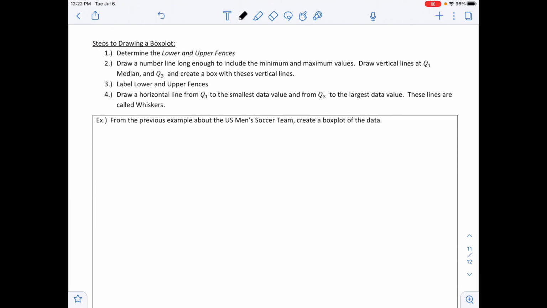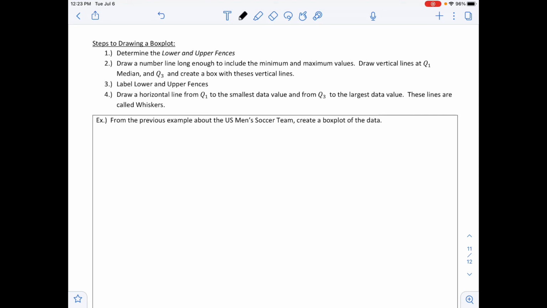So the next thing is how to draw our box plots. Again, if we have an outlier, we will have to do a modified box plot, but we will look at that later. The first thing is to draw a box plot. We need to determine our upper and lower fences. We need to draw a number line long enough to include the min and max values and also those fences.